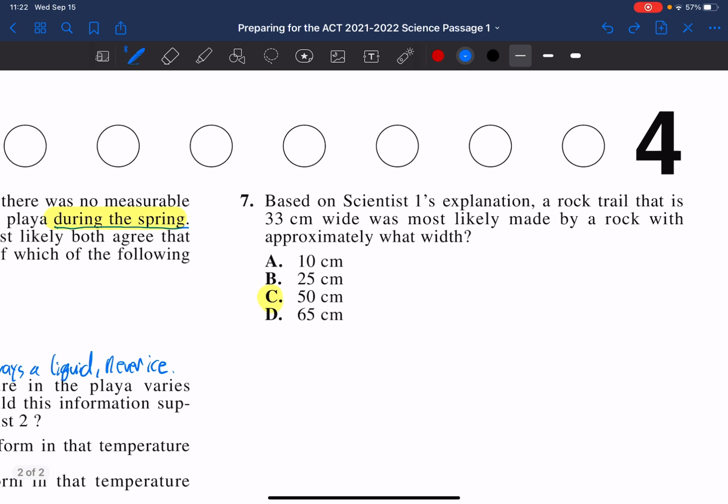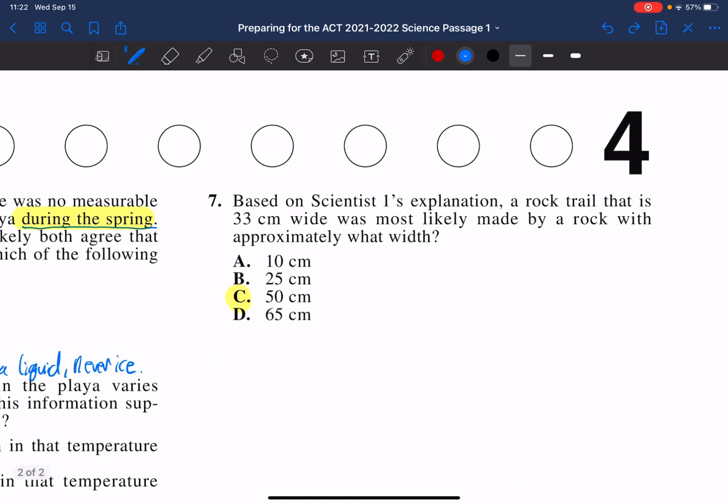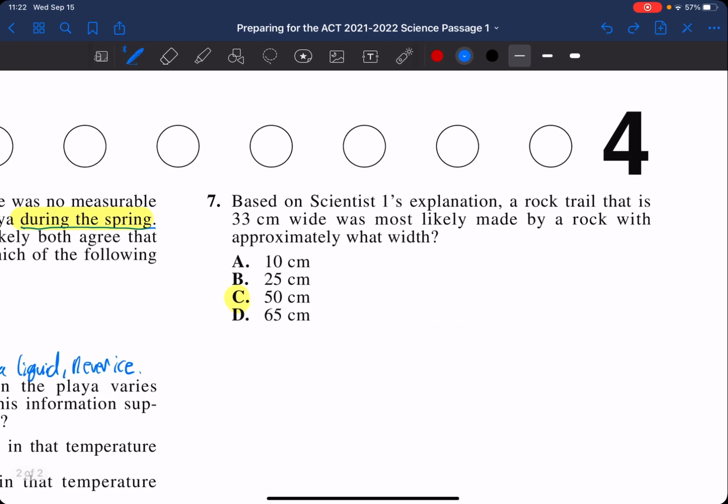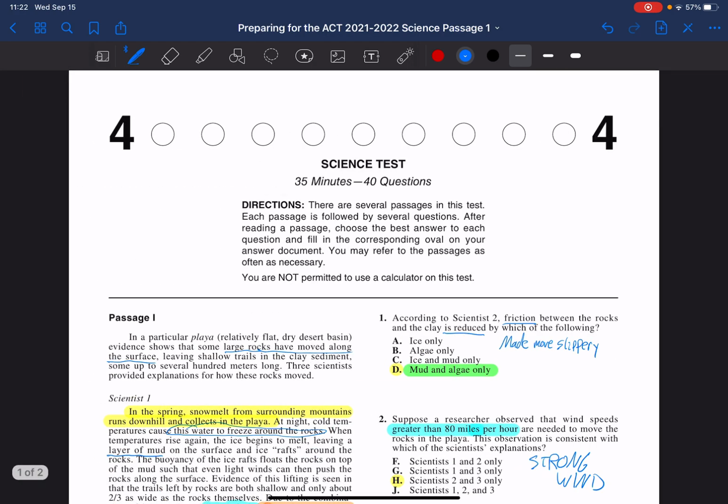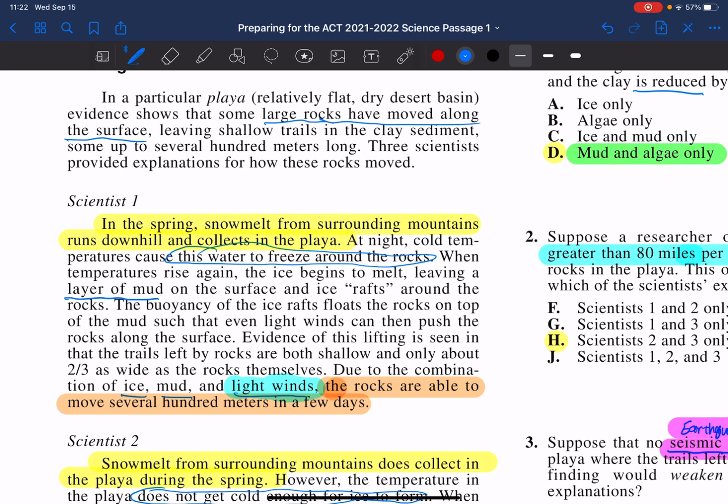So here we got to go back to scientist 1, and there's something about the width of the rock trail versus the width of the rock. So if we go back, let's see.